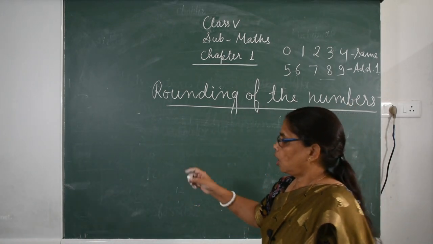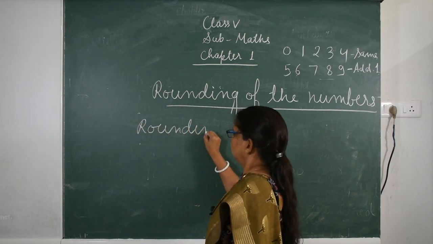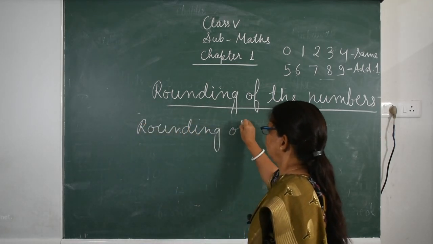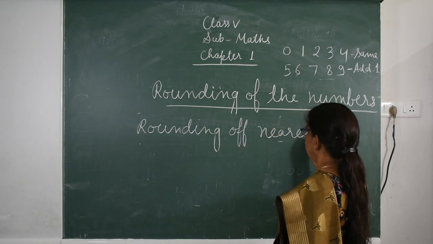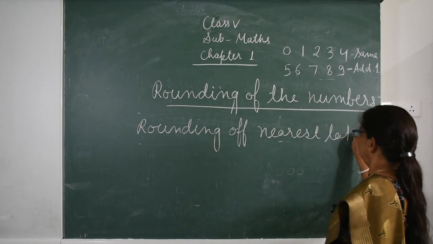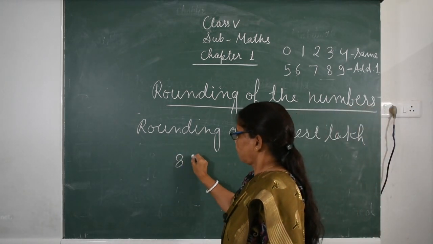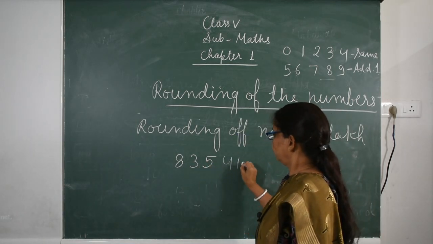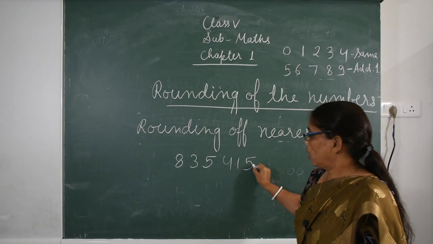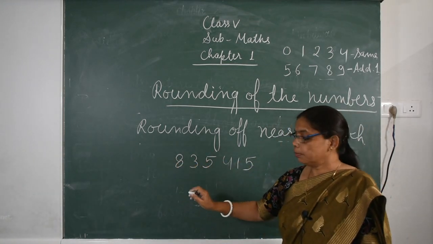Rounding to the nearest lakh. Ones, tens, 100, 1000, 10,000 and lakh. Which number do we have to see?